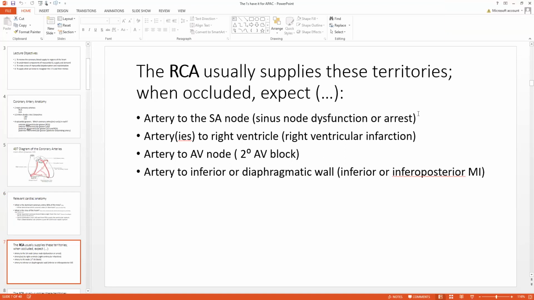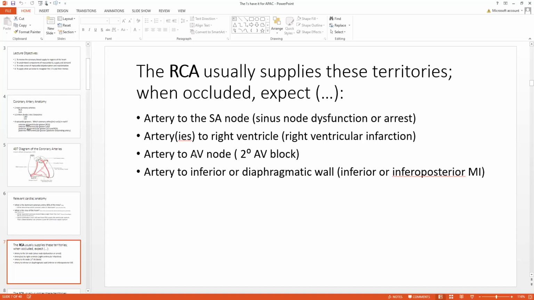And when there's an occlusion, depending upon the level, it'll cause something that you could notice on the electrocardiogram. So if you notice that there is sinus node dysfunction or sinus arrest, and we know that first artery comes right proximally from the right coronary artery to the SA node, it's a very proximal right coronary stenosis. If you've got a right ventricular infarction, it's quite proximal in the right coronary artery as well, because these are where the vessels to the right ventricle come off.